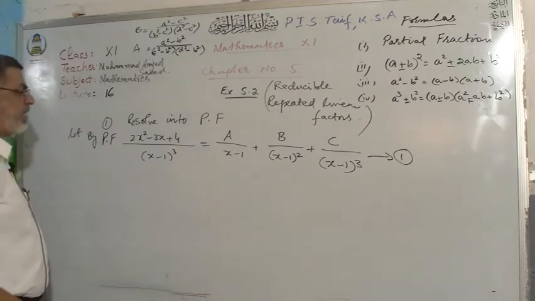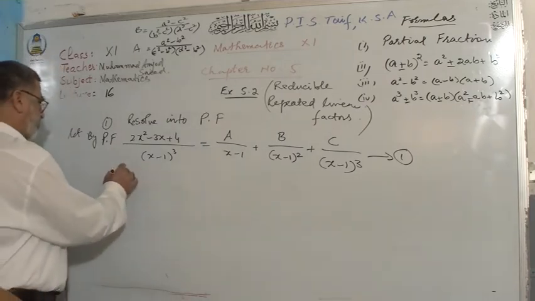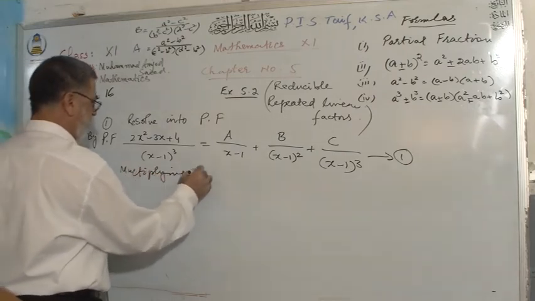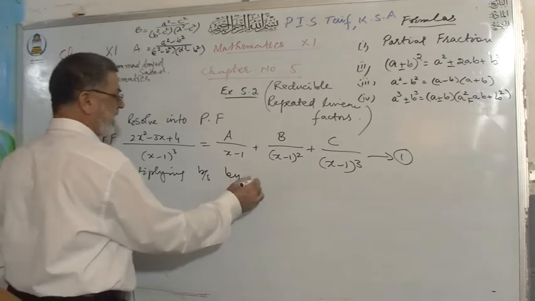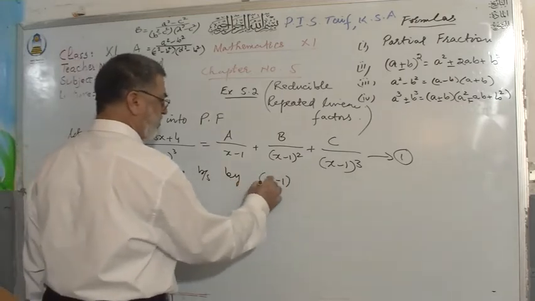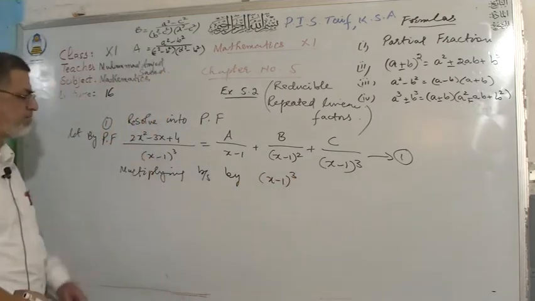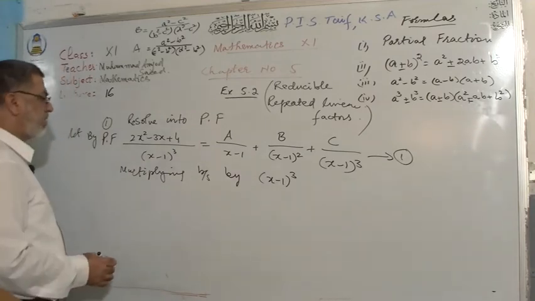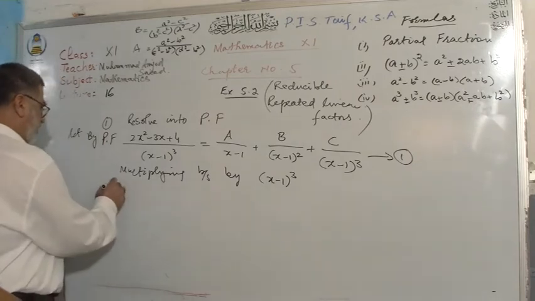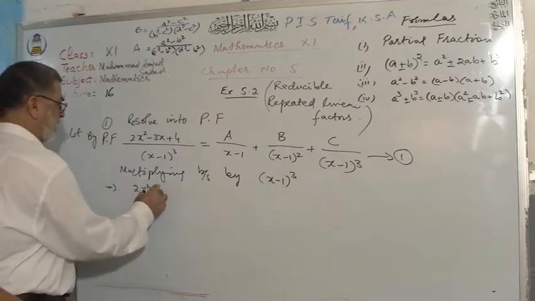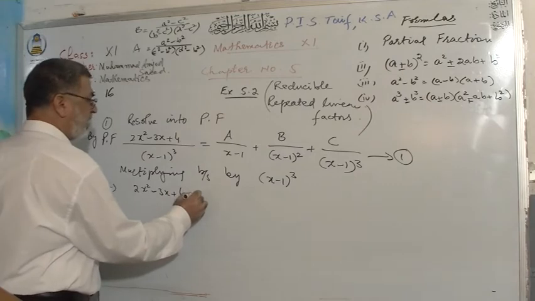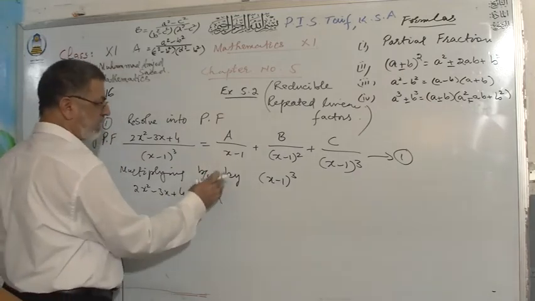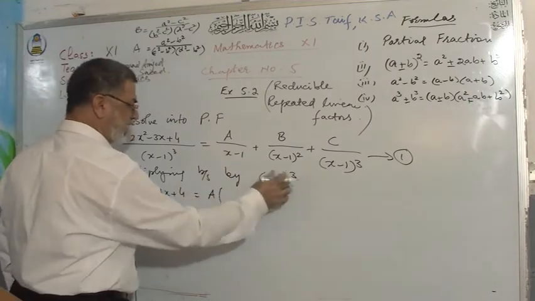Multiplying both sides by LCM. What about LCM? X minus 1 cube, that is the highest. So when it is multiplied, we will get 2x square minus 3x plus 4 is equal to a into x minus 1 whole square, where the x minus 1 power is cancelled out.